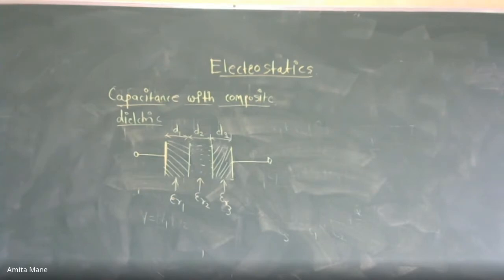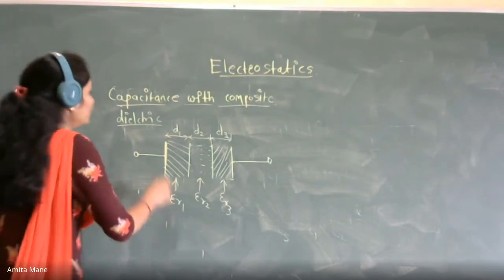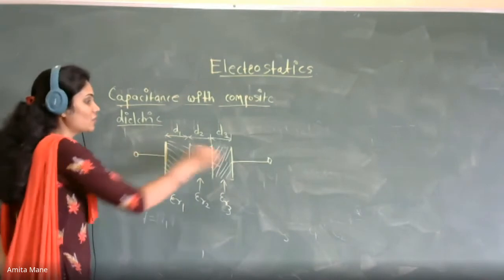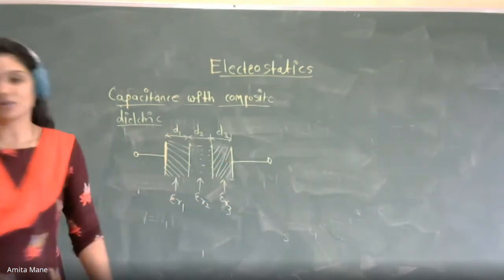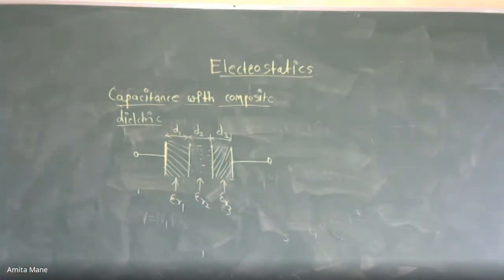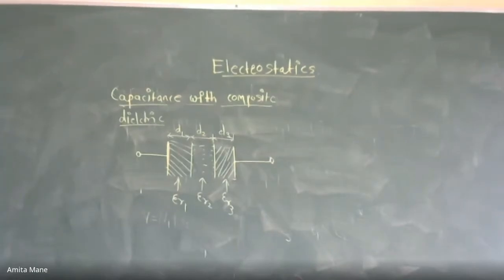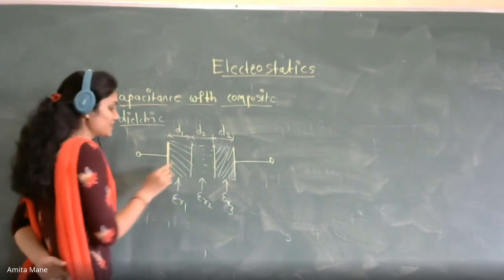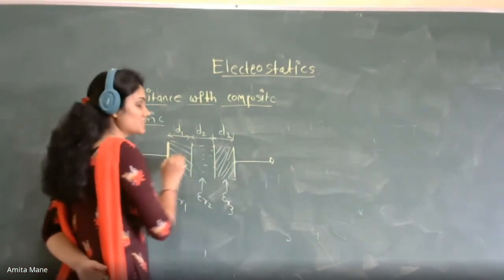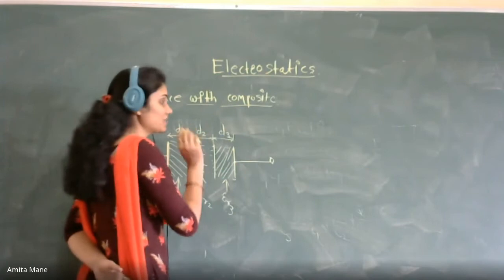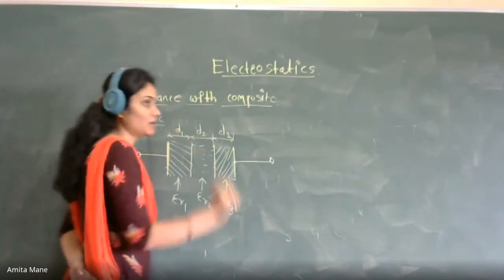Now please tell me this combination is looking like series combination of capacitor or parallel combination of capacitor? बताओ. Series. Yes, exactly. This is like a series combination, and as these are connected in series, area of each plate must be same. सिर्फ distance अलग हो सकता है.